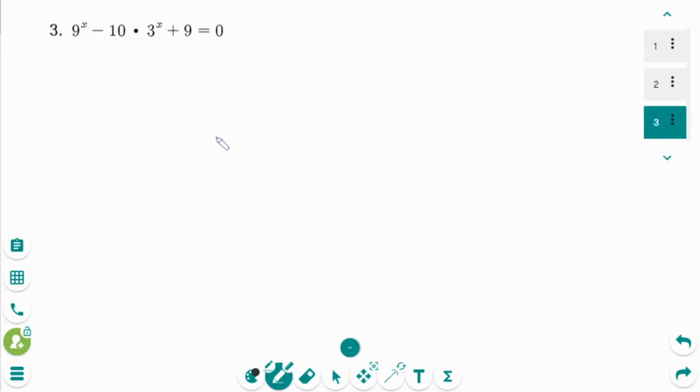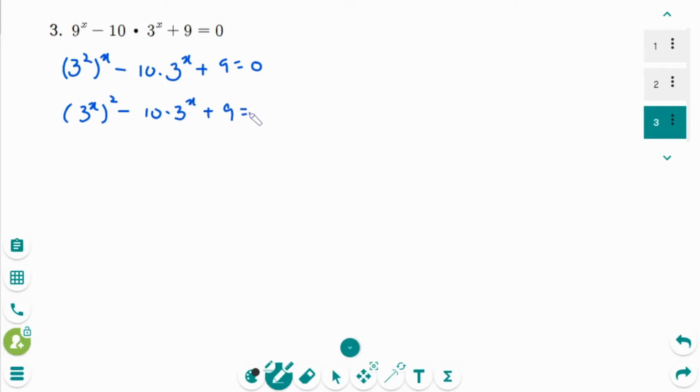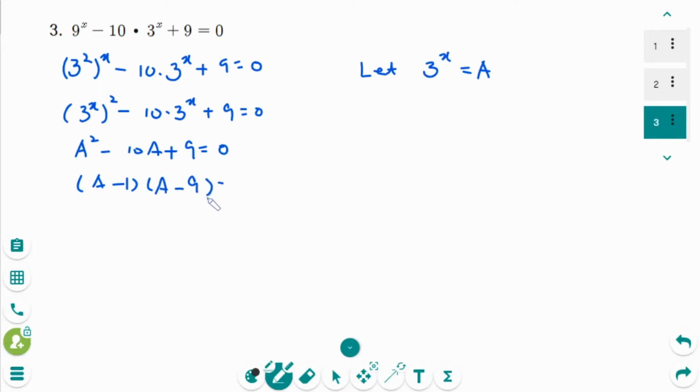Number 3, we can rewrite as base 3. 3 squared to the power of x minus 10 times 3 to the power of x plus 9 equals 0. Use substitution. Let 3 to the power of x be a. Then a squared minus 10a plus 9 equals 0. a minus 1 times a minus 9 equals 0.